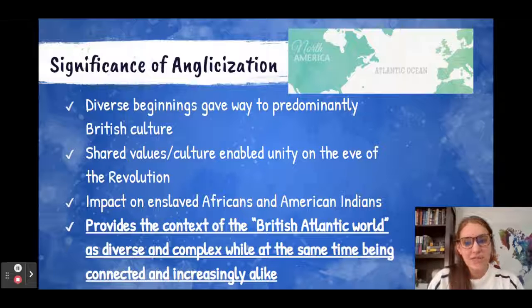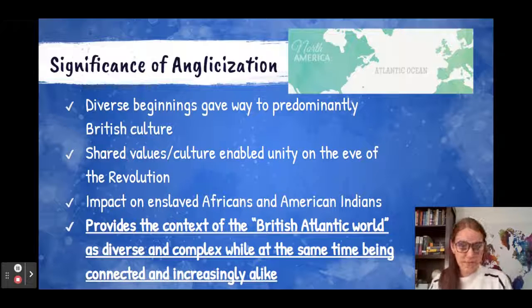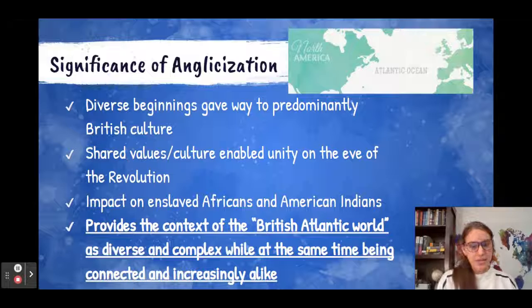So, what's the significance? It's really emphasizing this process by which the colonies had grown from being extremely diverse to predominantly more British. And it focuses on the ideas that they had shared values and culture. And those shared values and culture enabled unity when they decided to rebel against the British government.